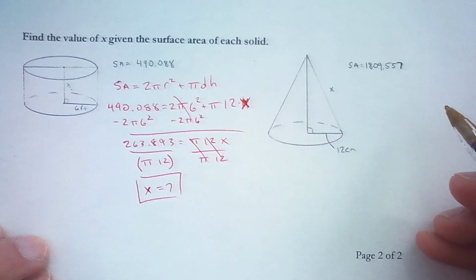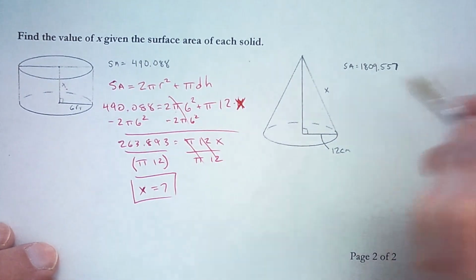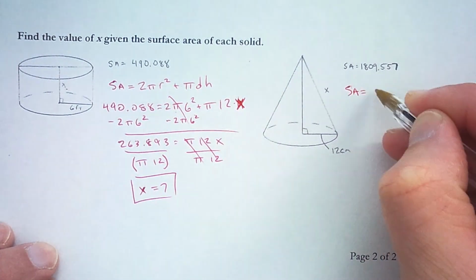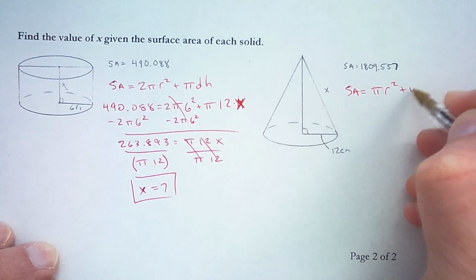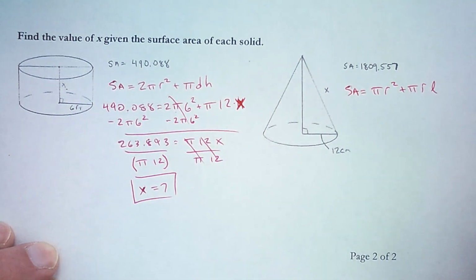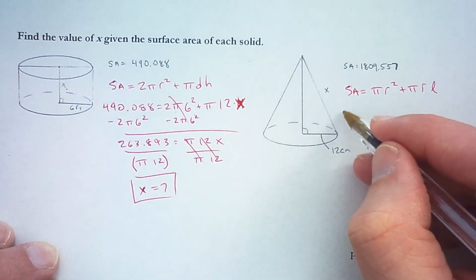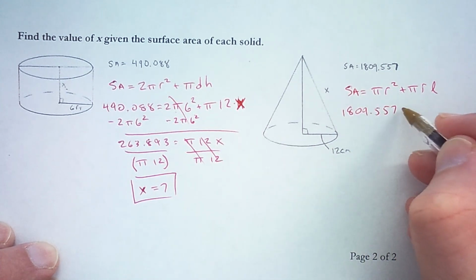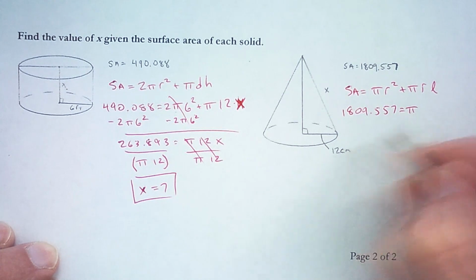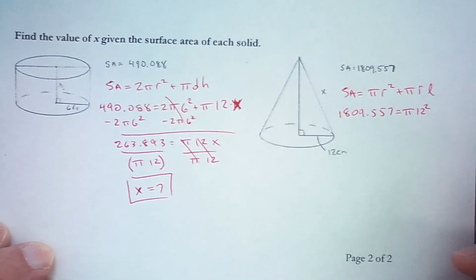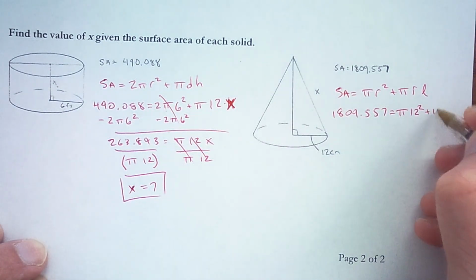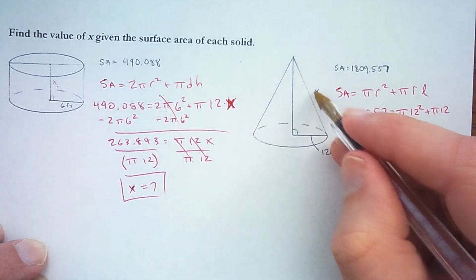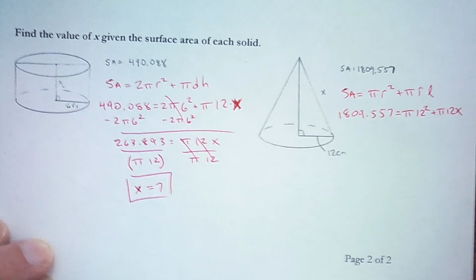Now on this one, we are looking for the slant height. So the surface area of a cone is pi r squared plus pi r l. Okay, so we have 1809.557 equals pi 12 squared plus pi r l, so that's plus pi 12, and then the slant height is x.